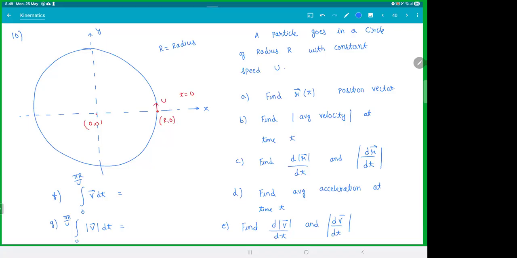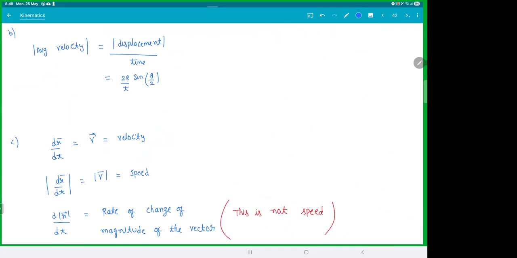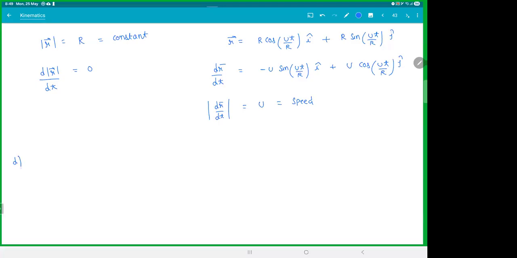That's okay. What about D, average acceleration? That's an easy one, right? V final minus V initial. So this is your V bar. Average acceleration is V final bar minus V initial bar by time.